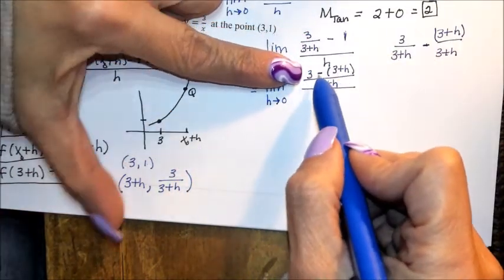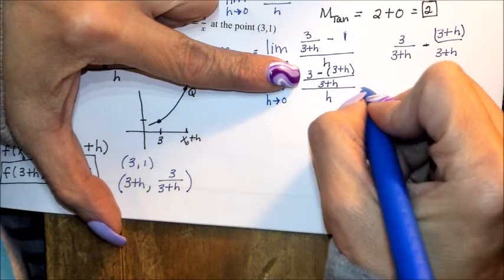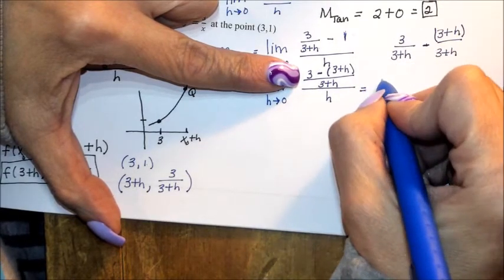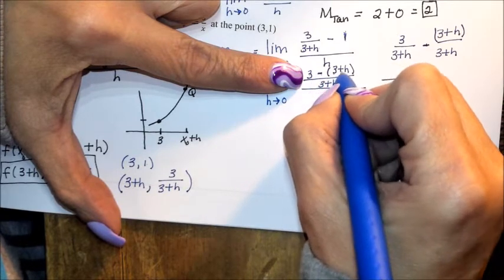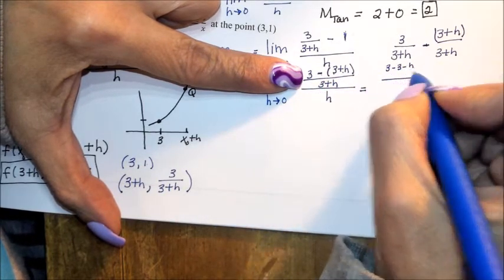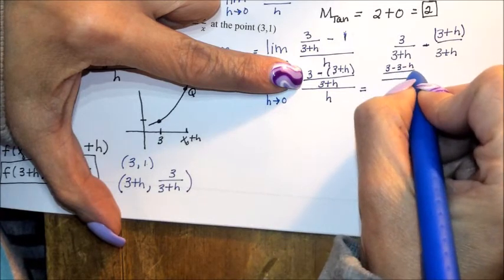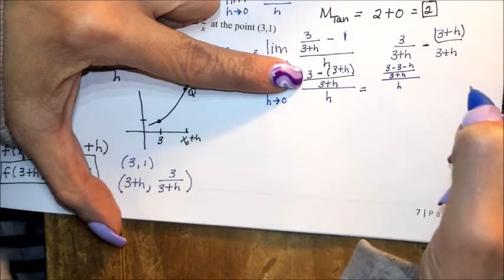So I've got 3 minus 3 plus h, all over 3 plus h. Ooh, there's some major thunder going on tonight, guys. So that is 3 minus 3 minus h, all over 3 plus h divided by h.